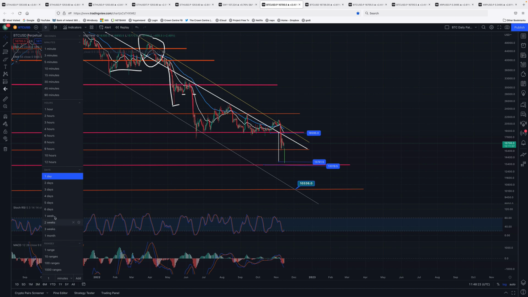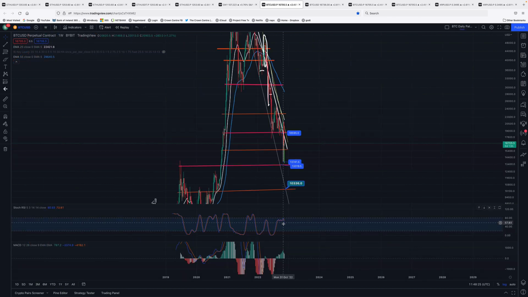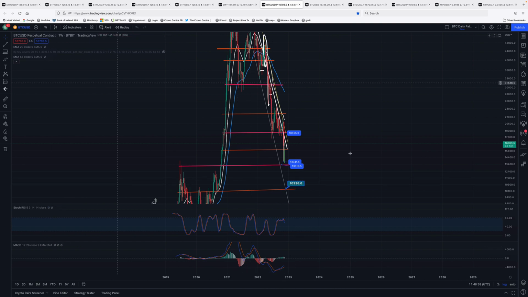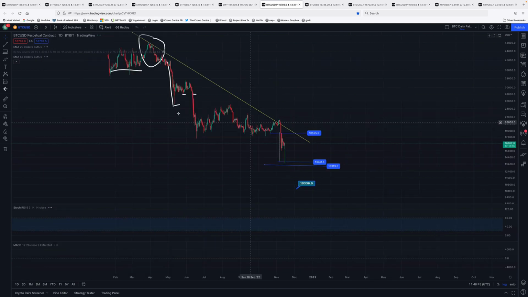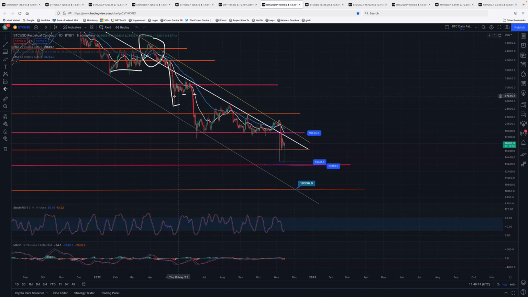And we also have the weekly stochastic that needs to get down to the bottom. We need to bring the weekly stochastic down to the bottom for this whole trend to be reset, and MACD can continue upwards as it is on the weekly, and for us to go into the bear market accumulation phase. So on the daily, we might be moving sideways within a generous trading range, one more swing up, one more swing down, one more swing up, and then the breakdown.